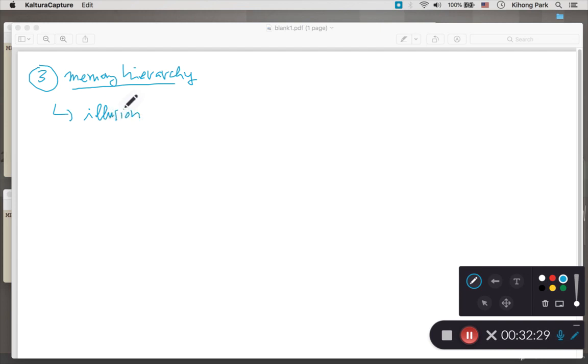So the fact that we have a virtualization technique that provides an illusion per process. So each process, for memory, we provide the illusion that they own the entire memory. That's the illusion. So that's under memory management.